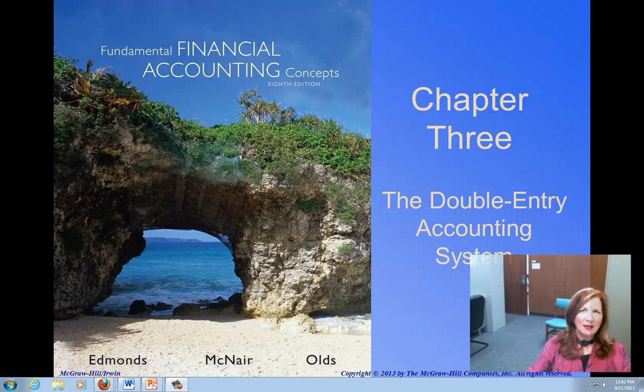The next part of the change in the accounting is the introduction of T accounts. T accounts come in the paragraph right under debit and credit, and a T account is exactly what the name implies: an account that has a crossbar at the top and a leg down the middle.